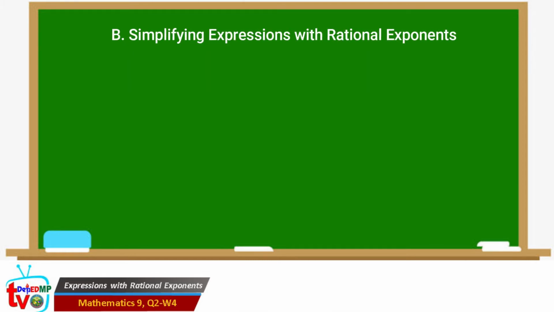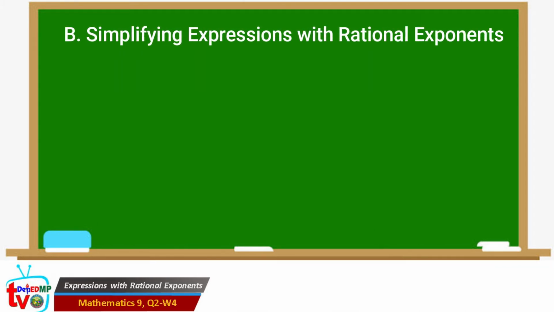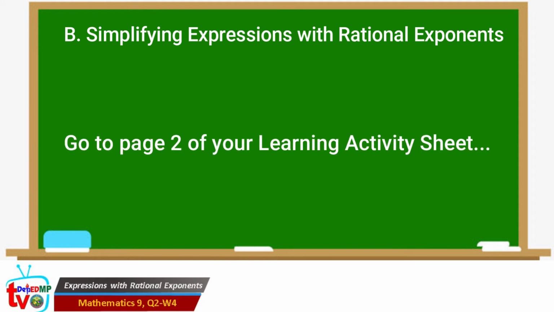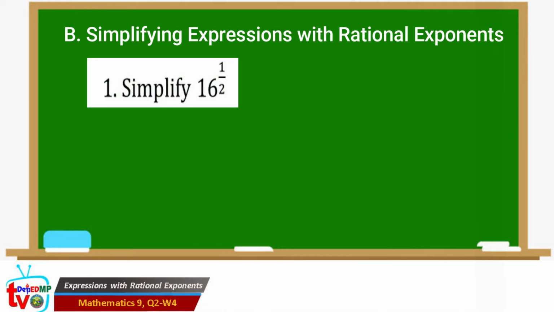Our next focus will be on simplifying expressions with rational exponents. Let us take a look at the solutions of the examples on pages 2 and 3 of your class. Number 1, simplify 16 raised to 1/2.